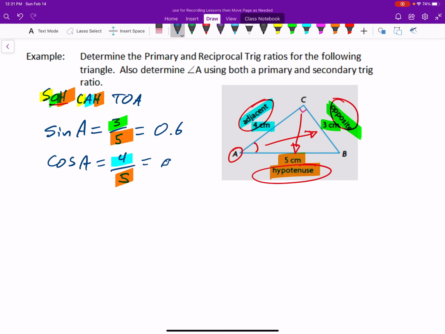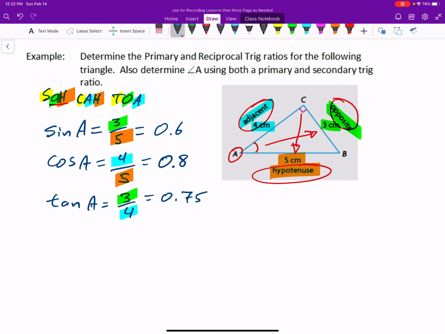As a decimal, it would be 0.8. And tan A, tan is equal to opposite over adjacent. So that would be 3 over 4. As a decimal, that would be 0.75.